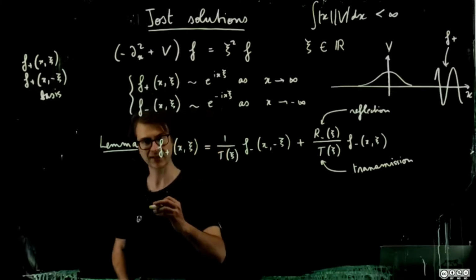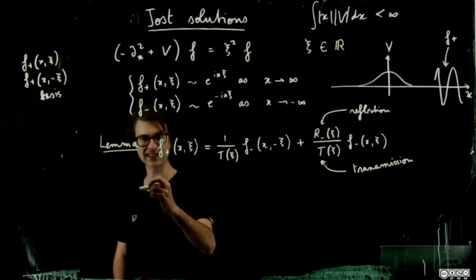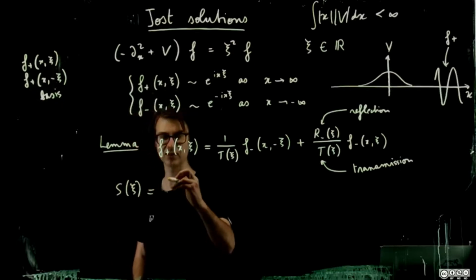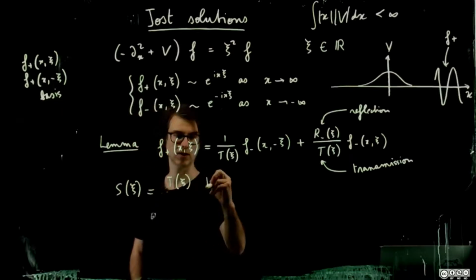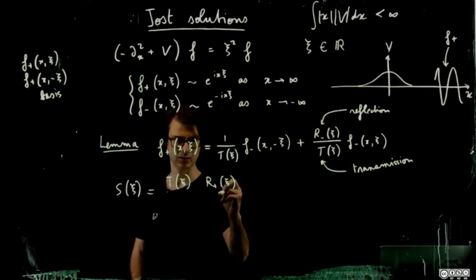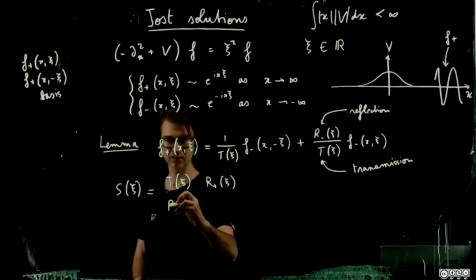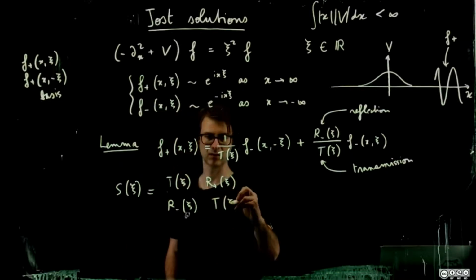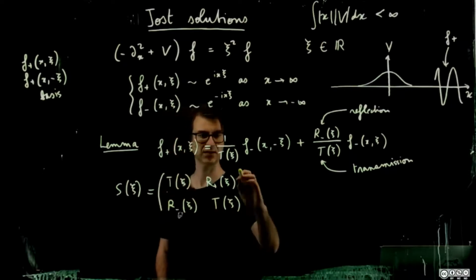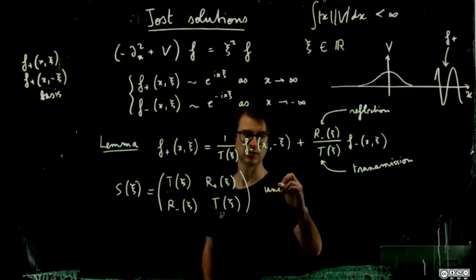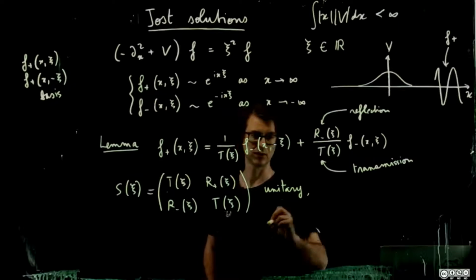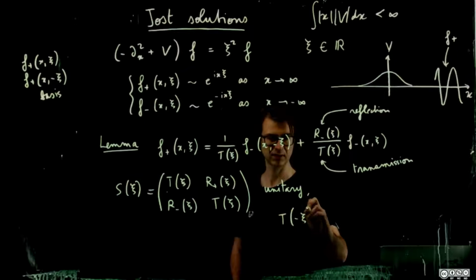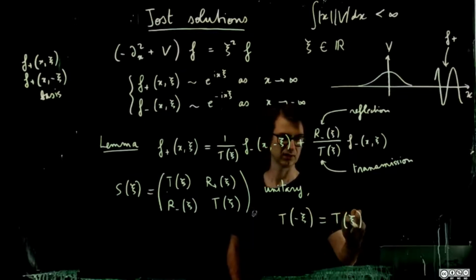And what's important is that the so-called scattering matrix S of ξ, which is T of ξ, R plus of ξ, R minus of ξ, T of ξ, is unitary. And furthermore, T of minus ξ equals T of ξ bar.